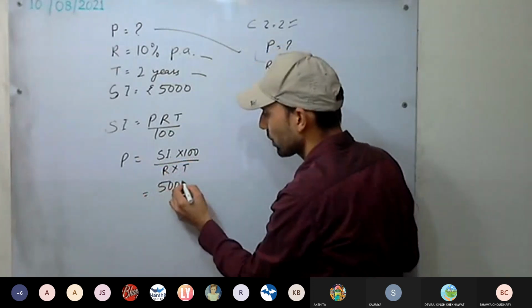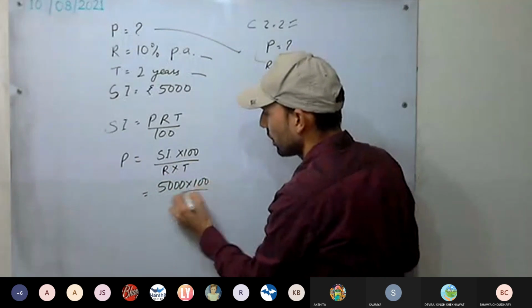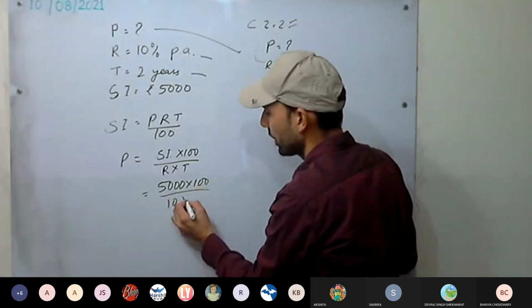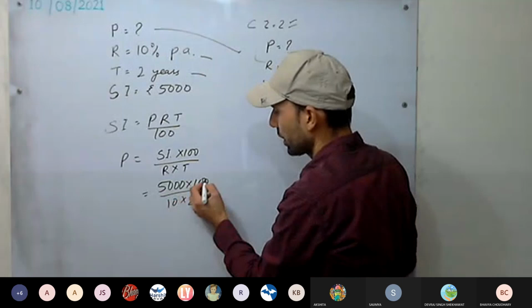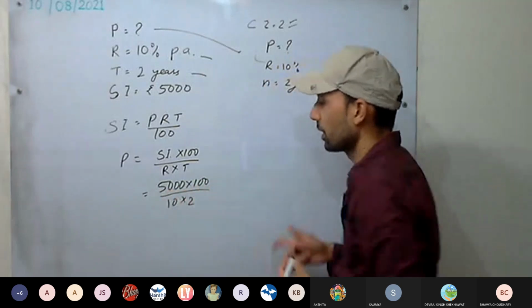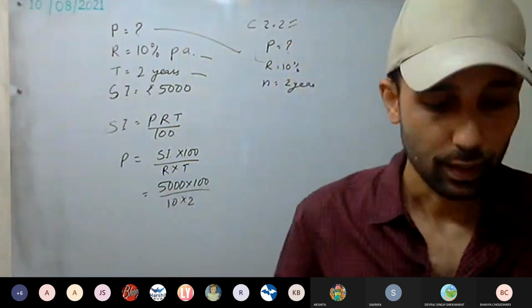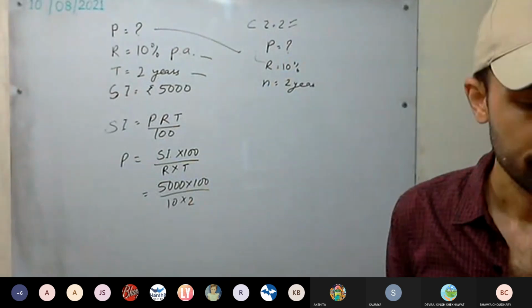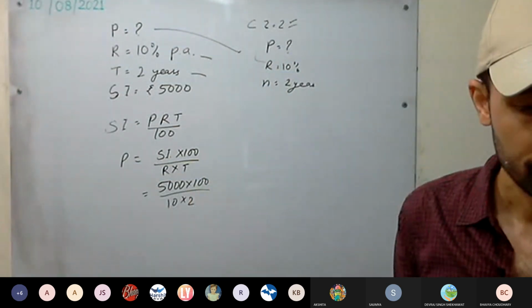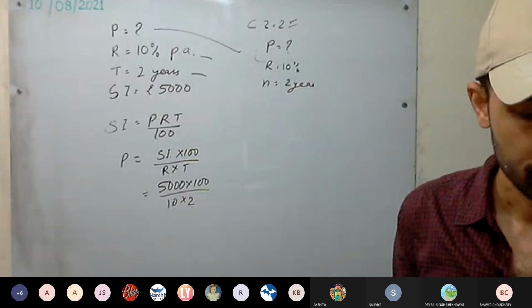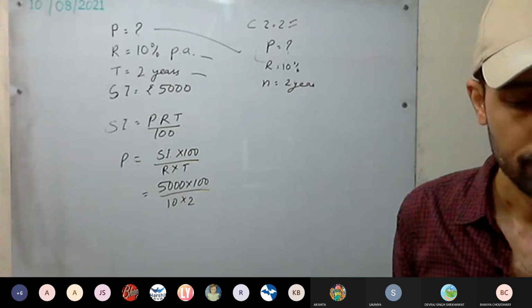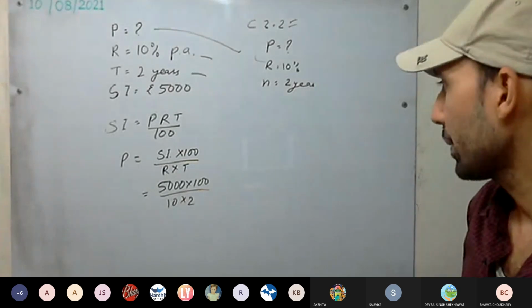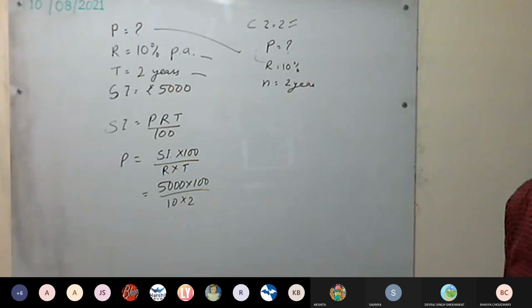Simple interest is how much? R is 10, T is 2. Calculate it. How much are you getting?